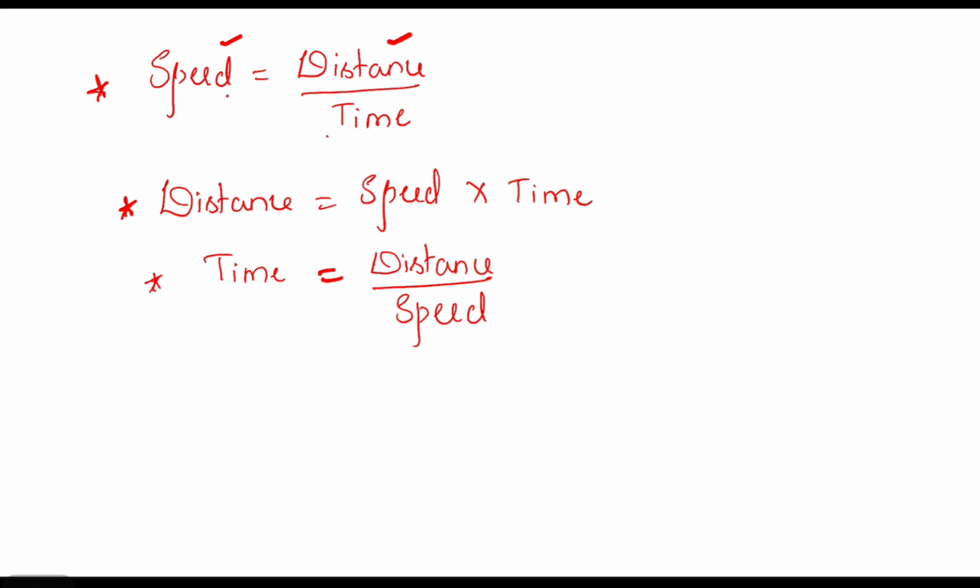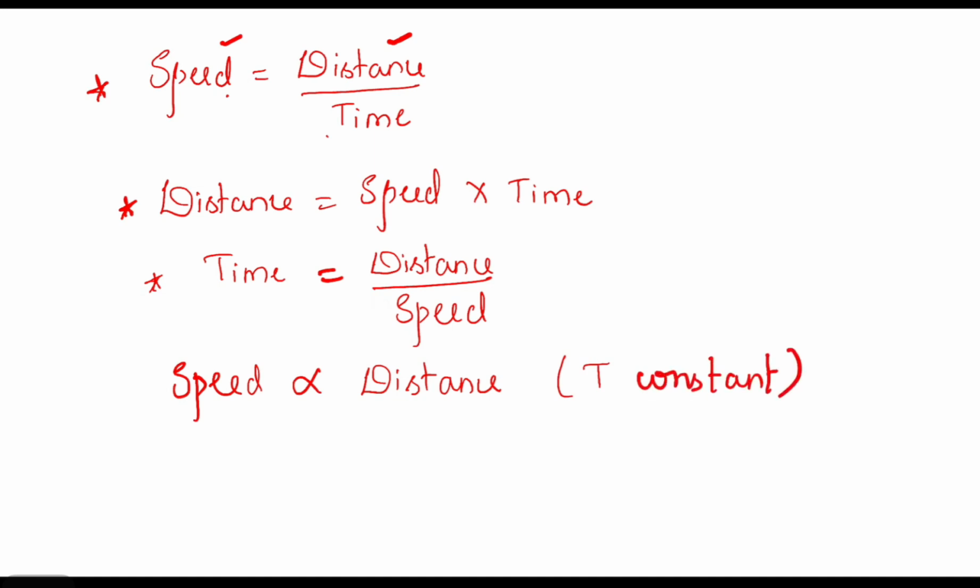Then from these formulas we can say that speed is directly proportional to distance, where time is constant. Speed is directly proportional to distance when time is constant, and speed is inversely proportional to time.